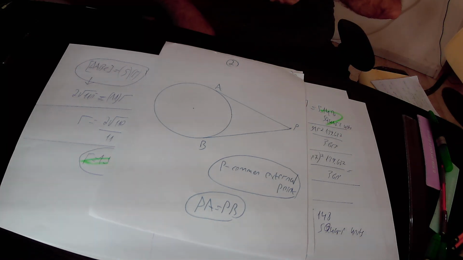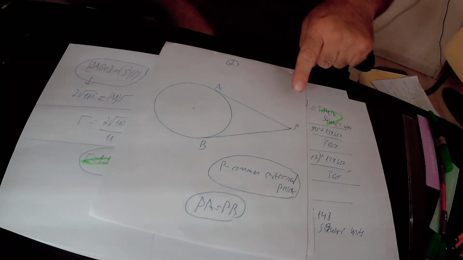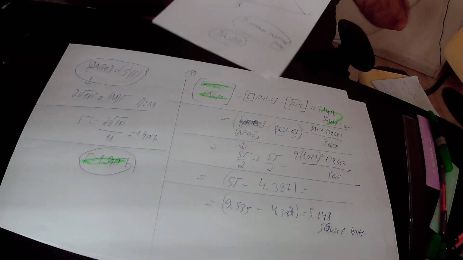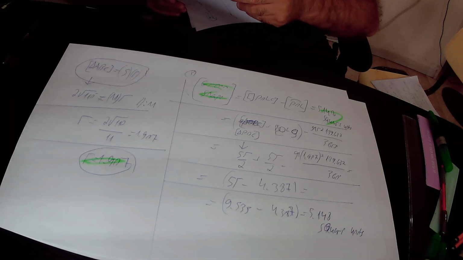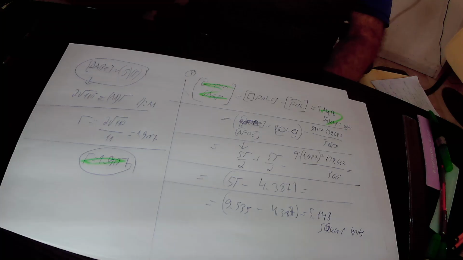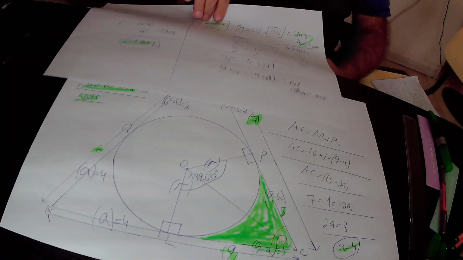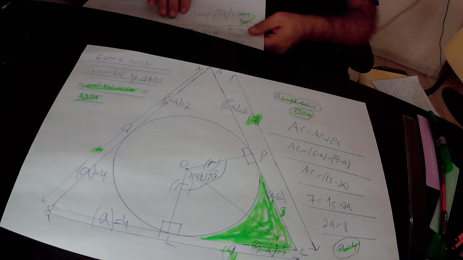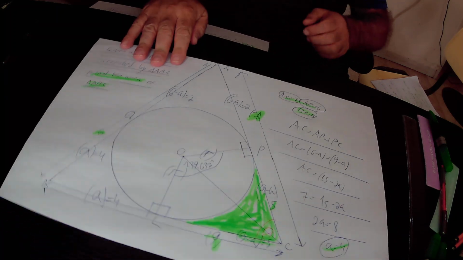According to the rule, they are equal to each other. That is to say, PA equals PB.